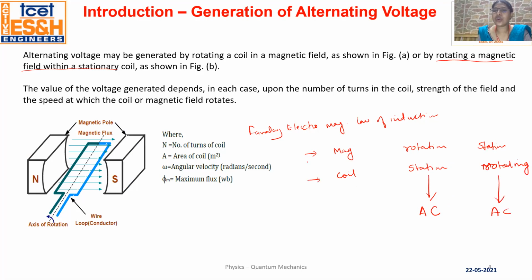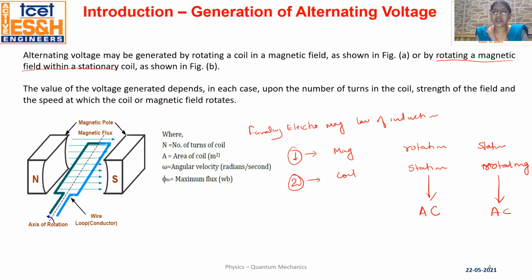So there are two ways to generate an alternating waveform. Either your coil is moving and the magnetic field is stationary, then EMF is generated, or in the second case, your coil is stationary and the magnetic field is rotating.